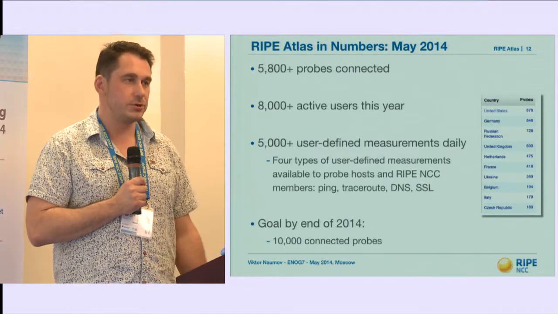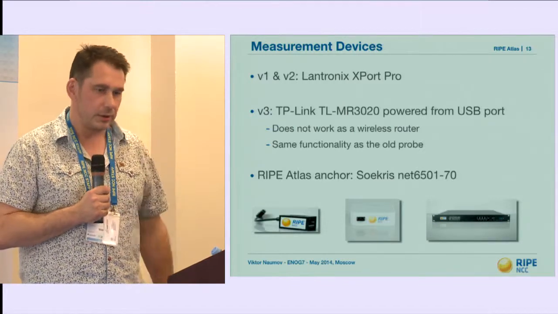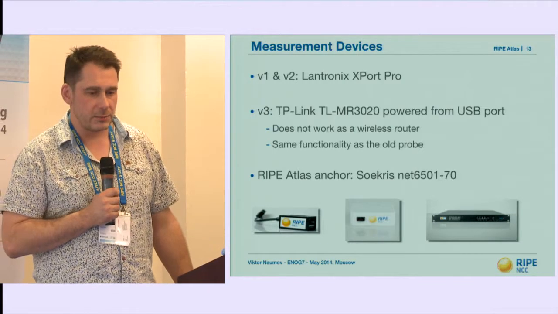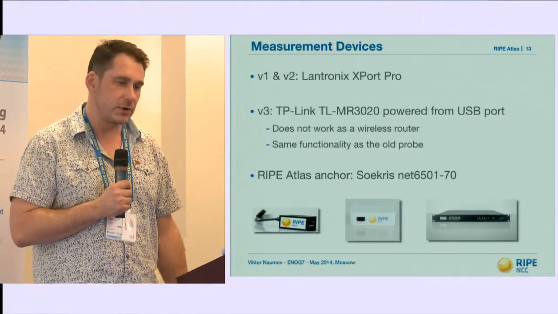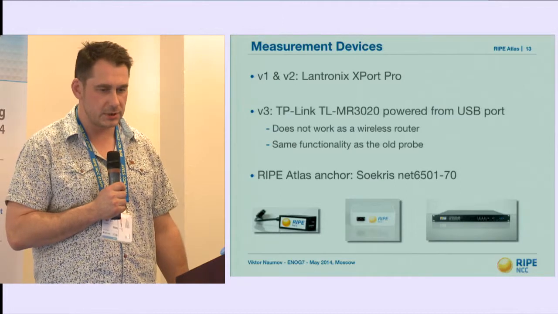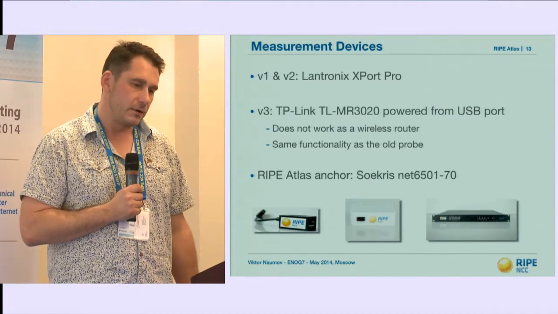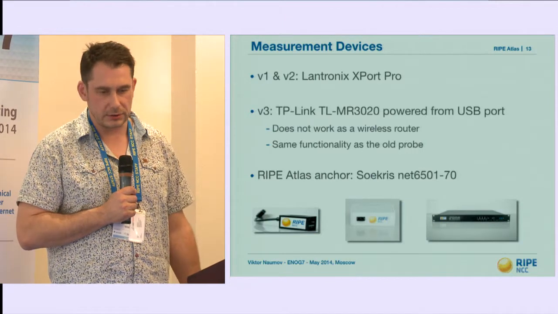By the end of the year, we are planning to have expanded to 10,000 probes. The probes are shown here. These are the measurement devices. The obsolete versions that I showed previously are no longer in use. Instead, we use version 3.